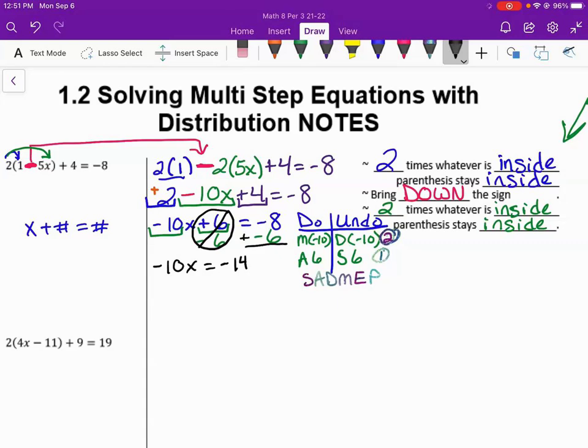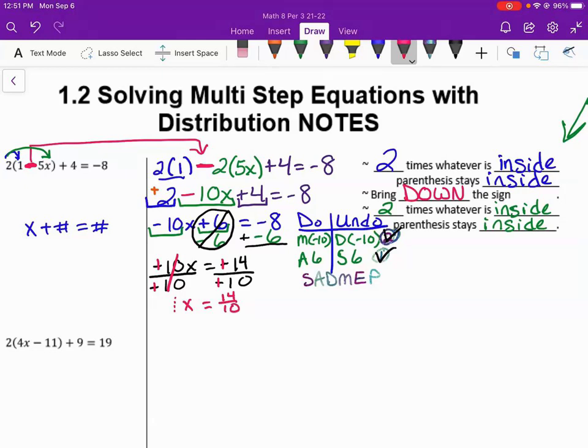So I have -8 plus -6. Now, that's my subtract. Next I'm going to do divide. So divide both sides by -10. Negative divided by a negative is a positive. Any number divided by itself is my 1x.